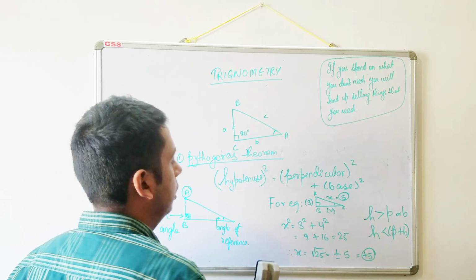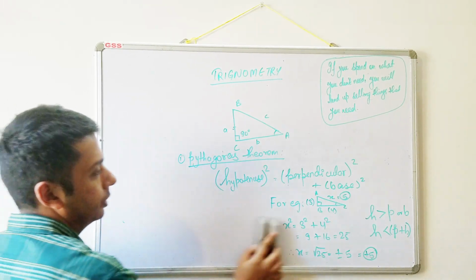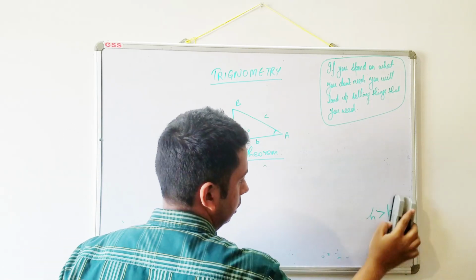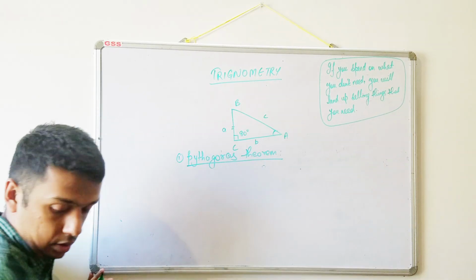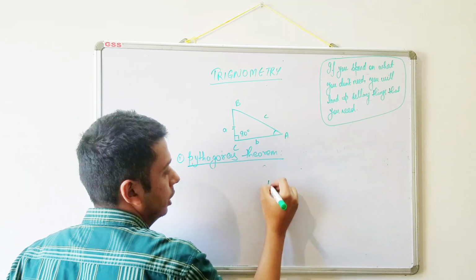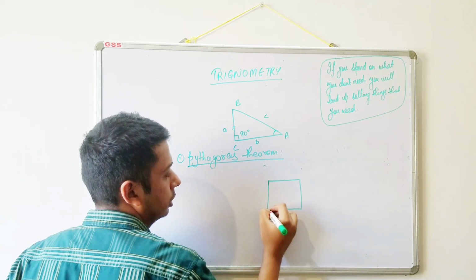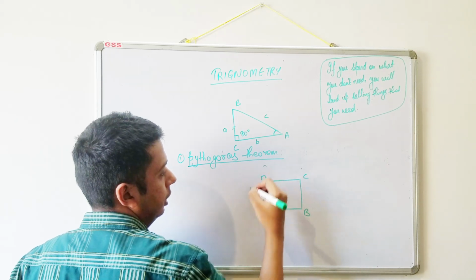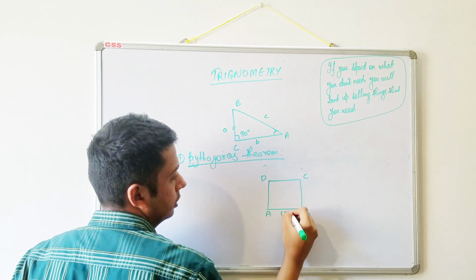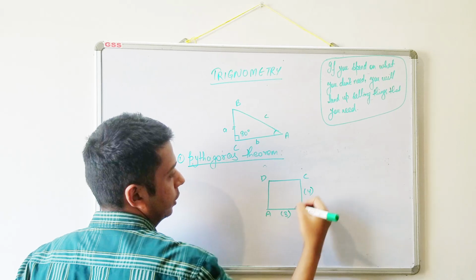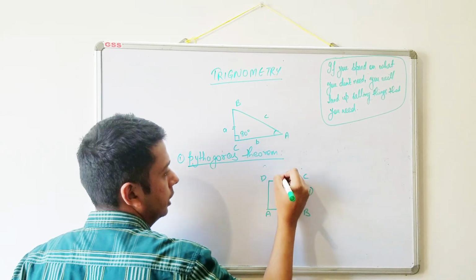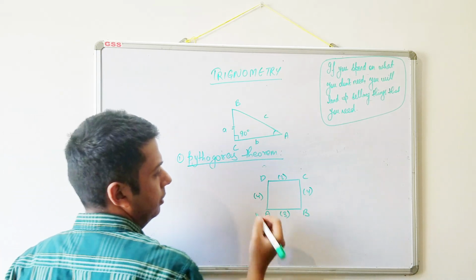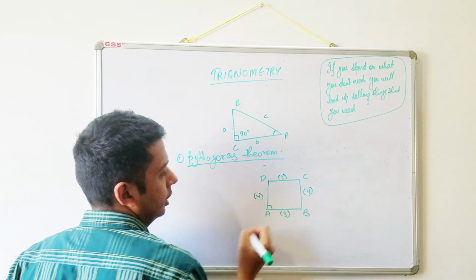So I'll give you a small application. So let's say if this is a garden, let's say A, B, C, D. This is 3, this is 4. Let's say it's a rectangular garden, and one angle is 90 degrees.